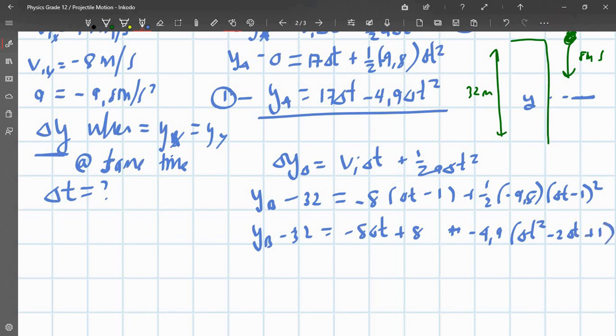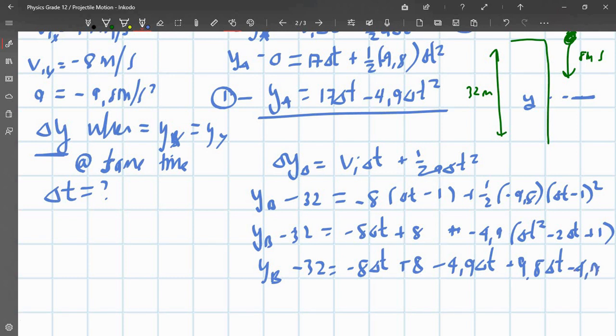That's basic maths. Let's just simplify this. yb minus 32 is equal to minus 8 change in time plus 8 minus 4.9 change in time squared, minus 9.8 is actually plus 9.8 change in time, minus 4.9.